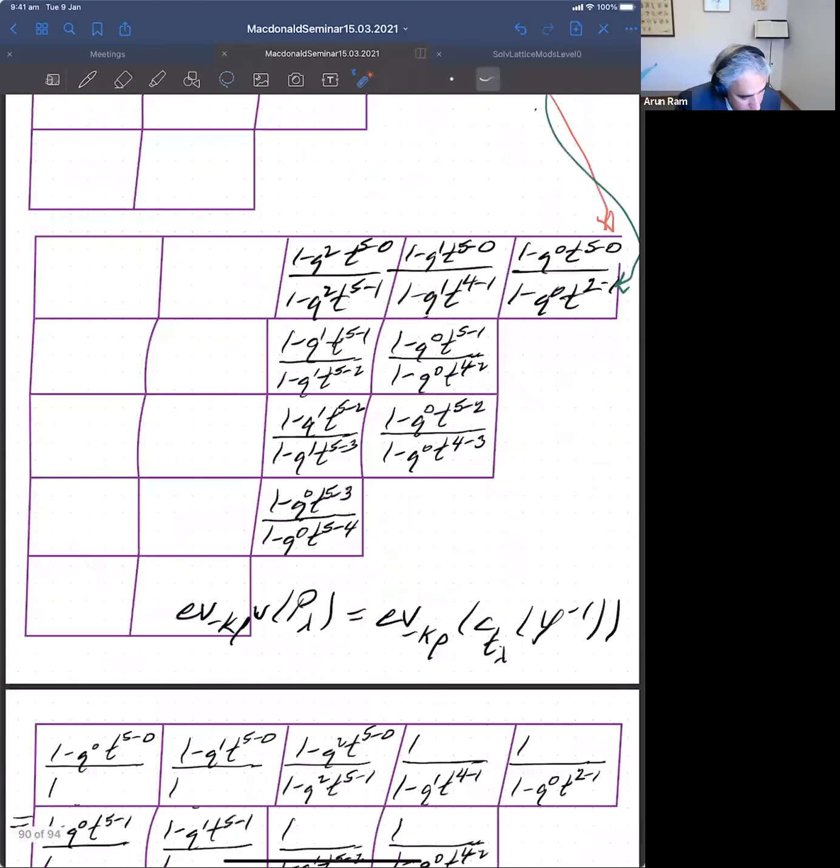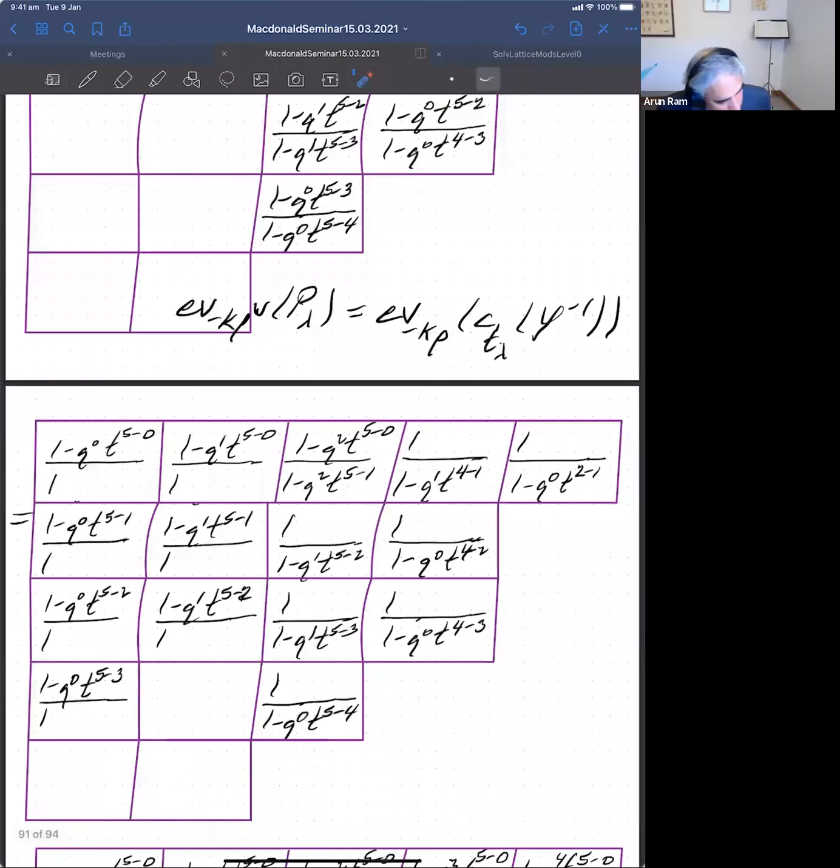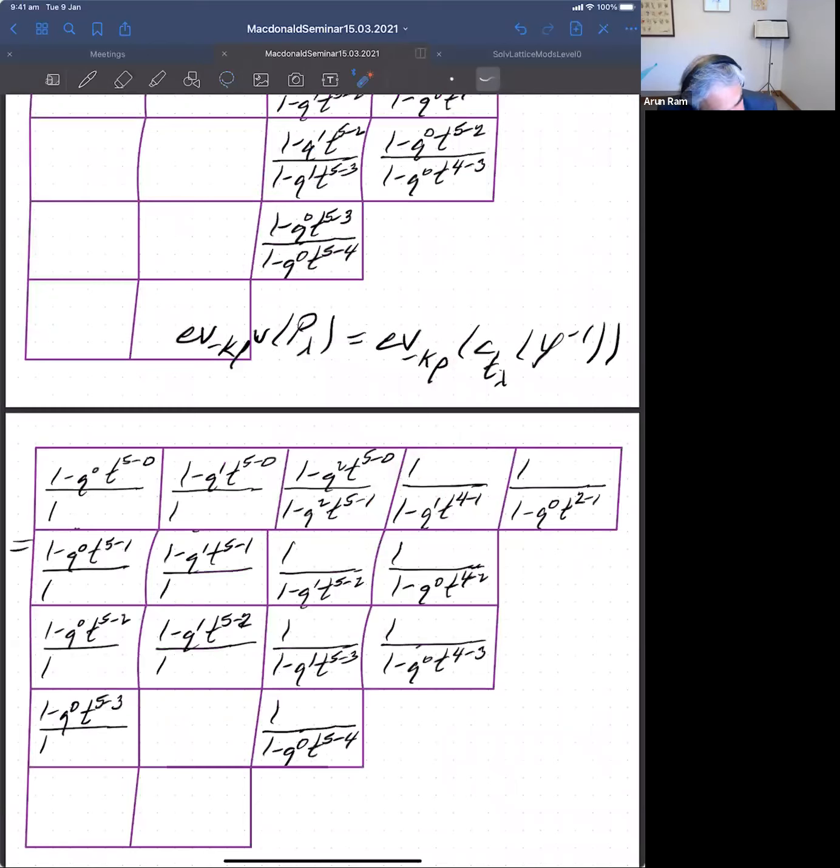Okay, so now I can fill in these factors here. You see there's a pattern here. Let's see if I put them in red. This is q to the 0, q to the 1, q to the 2, and it's always the same numerator.